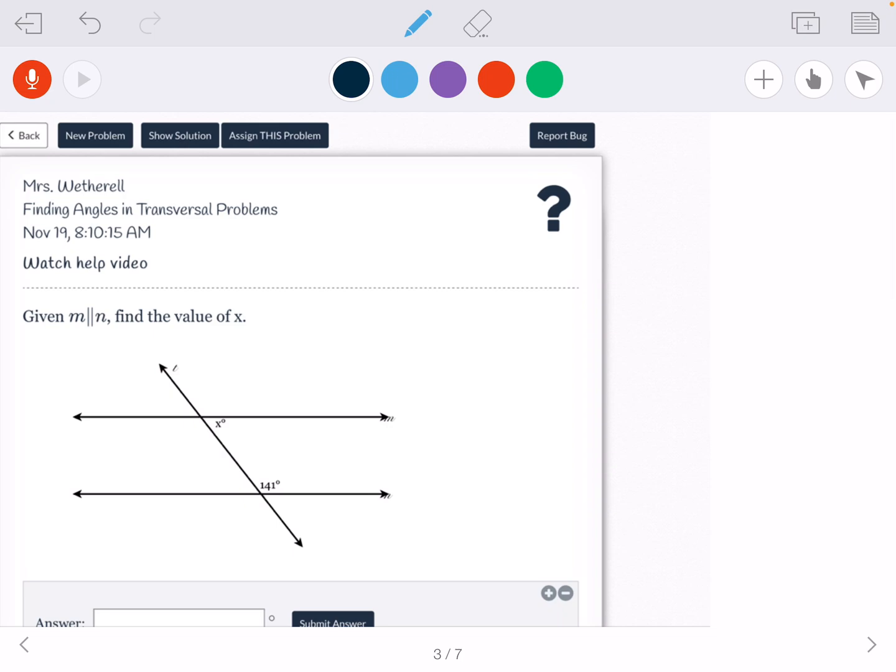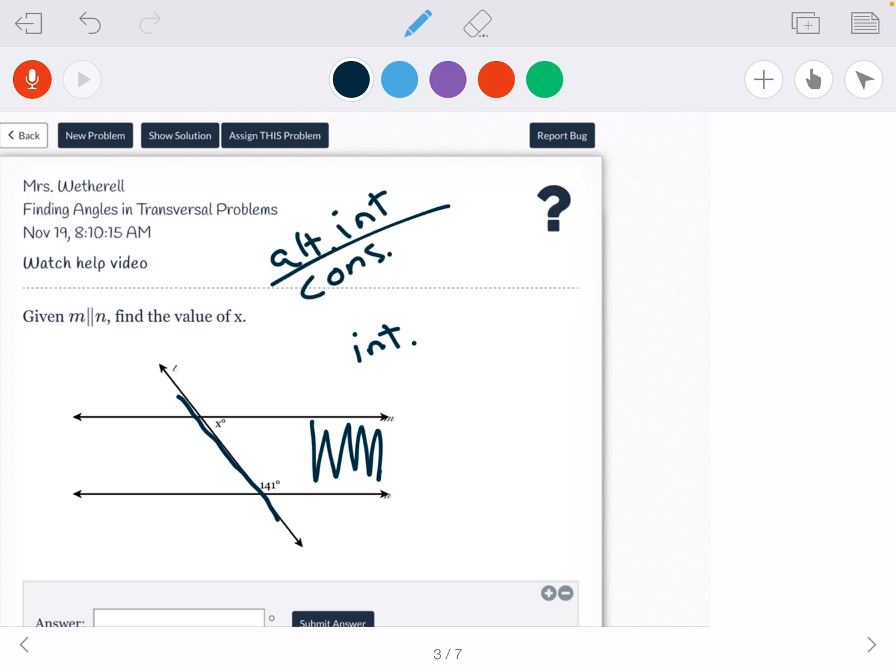So moving on, again, I've got a problem here. Here's my transversal. My angles are in between my parallel lines, so they're going to be interior. They're either going to be alternate interior, opposite sides of the transversal, or consecutive interior, same side. The X is on the right side. I'm following the transversal down. 141 is on the same side as the X, so they have to be consecutive interior.